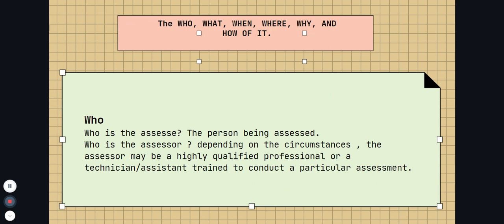So, the who, what, when, where, why, and how of behavioral assessment. So who is the assessee? The assessee is the person being assessed.